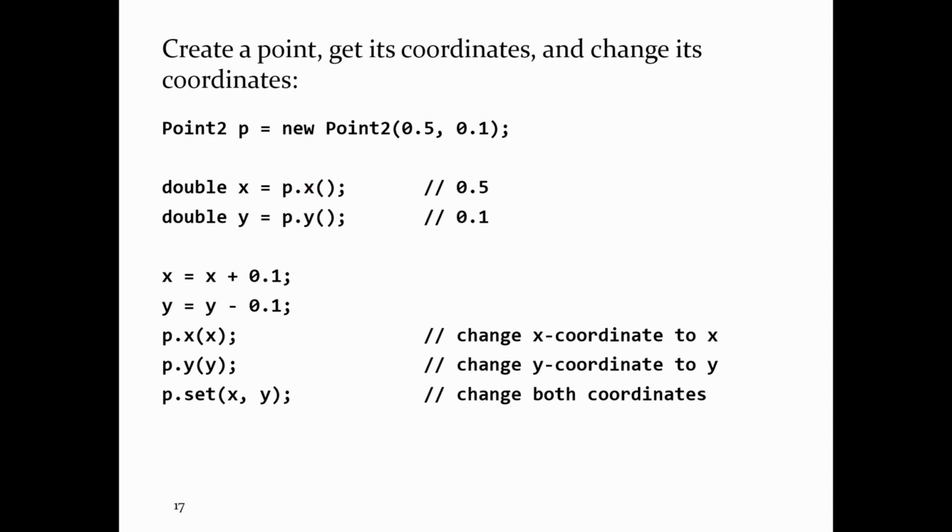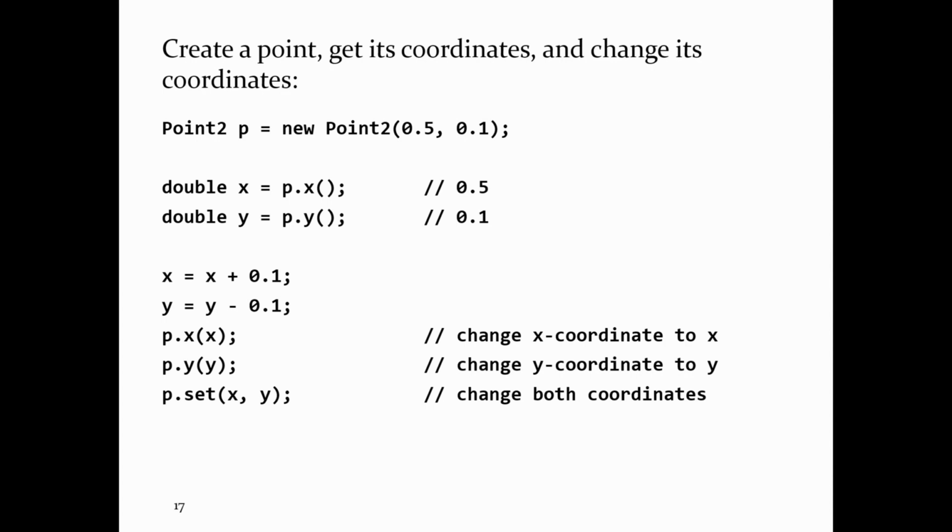The first one returns the value of the x coordinate. The second one lets you set the value of the x coordinate. So here p.x(x) sets the value of the x coordinate to 0.6 in this example. And p.y sets the value of the y coordinate to 0 in this case.